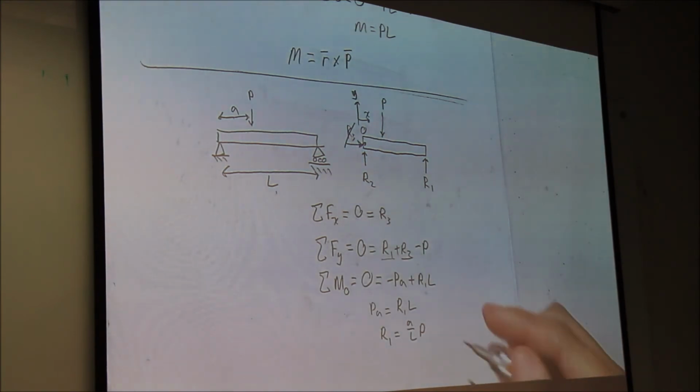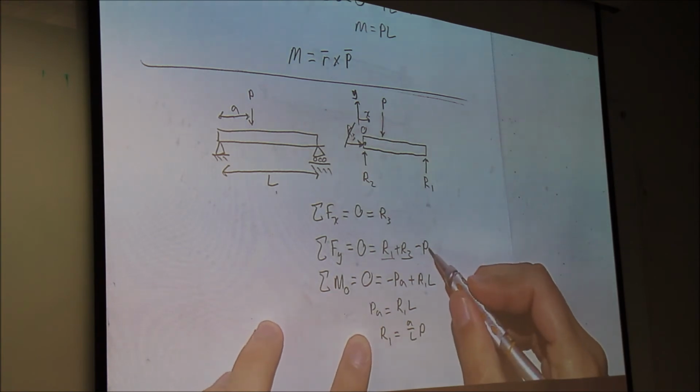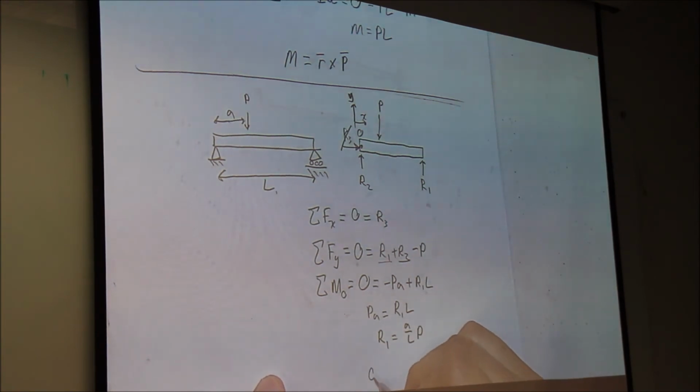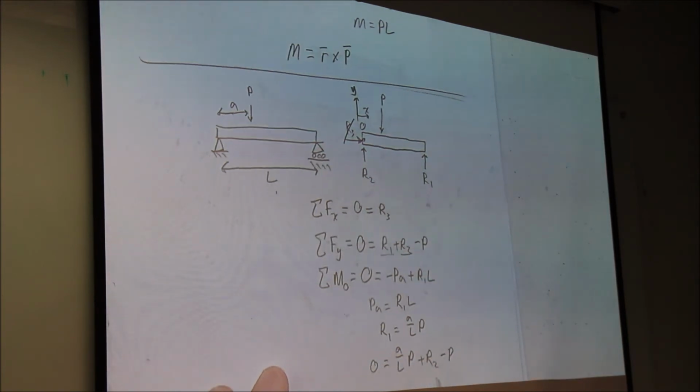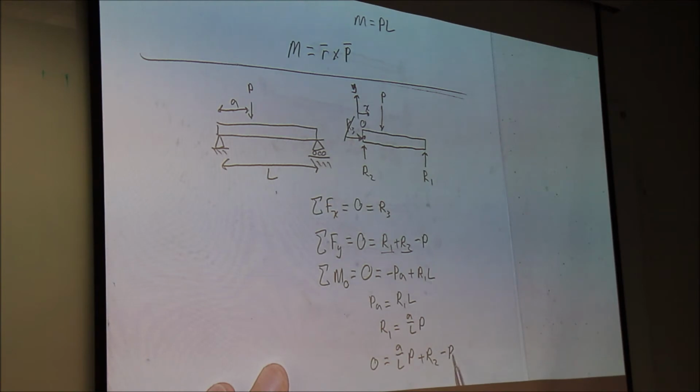Cool. Now we can plug this back into here. So we know that 0 is equal to, and we substitute R1 here, A over L times P plus R2 minus P. And so if I put the P terms on the other side, we have R2 is equal to P times 1 minus A over L. I skipped a bit of algebra there.